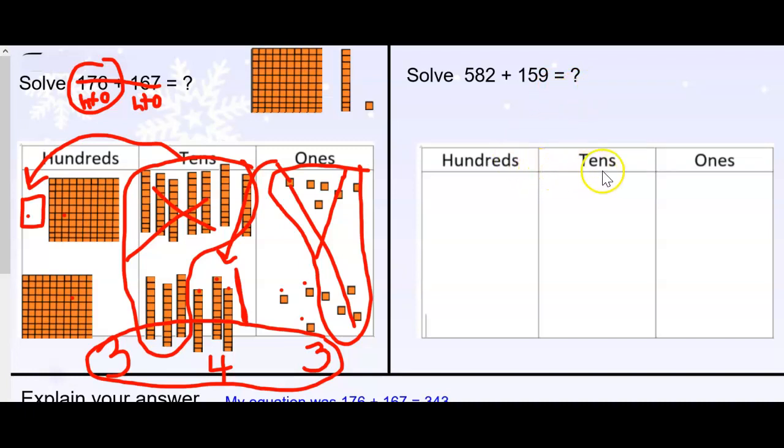Go ahead and draw your ones, tens, and hundreds map onto your paper. Then get ready to solve this problem when the video is over. And don't forget, explain how you solved your problem using words.